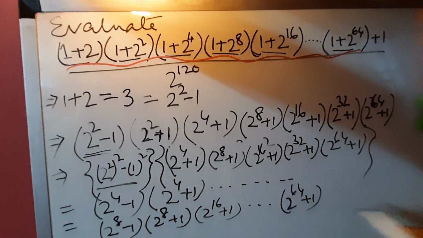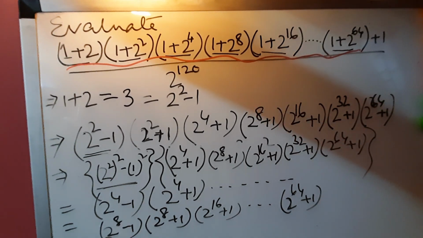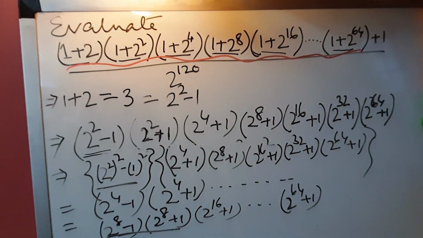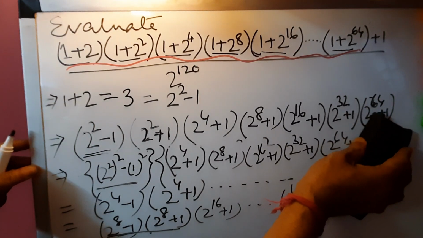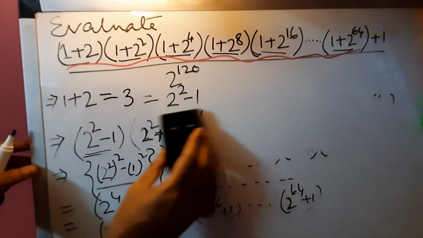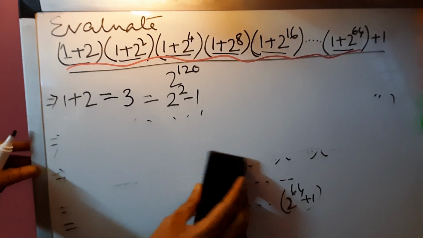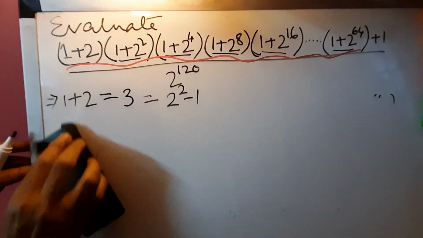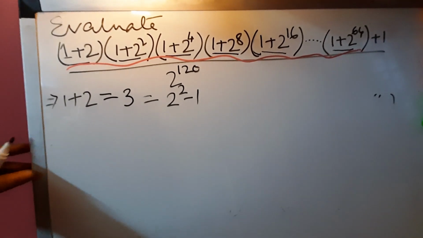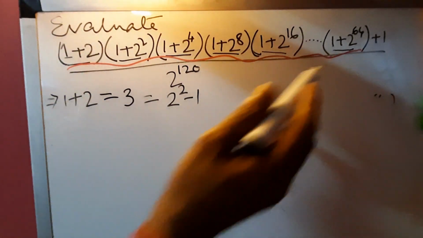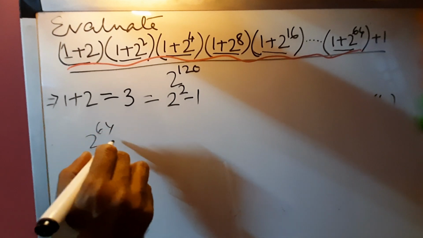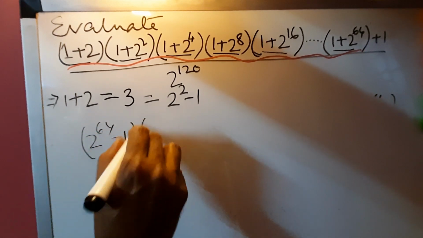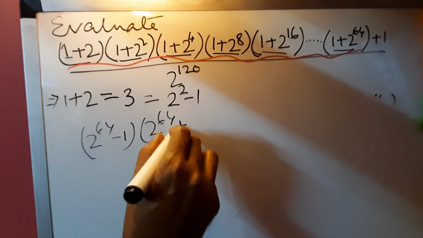I am just considering the first part, right? Then again we can apply this formula going forward. Let me clear this part. Ultimately the last term will become 2 to the power 64 minus 1 into 2 to the power 64 plus 1.